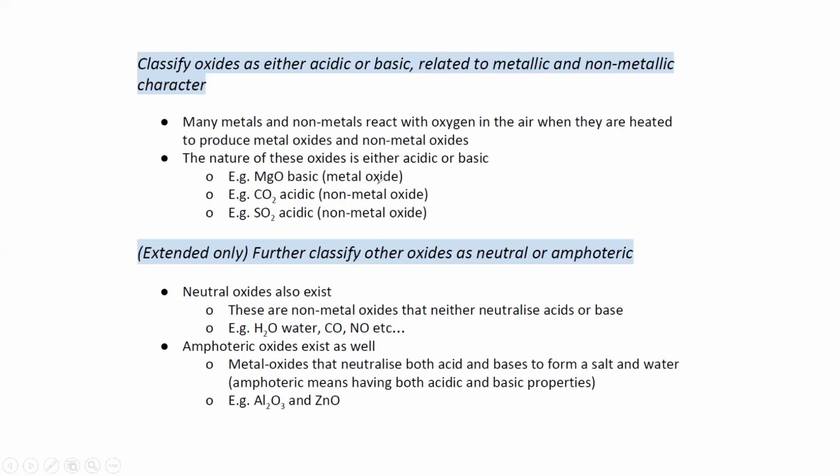So magnesium oxide is a metal oxide or a basic oxide. Carbon dioxide is acidic. Sulfur dioxide is also acidic. But the amphoteric oxide is the oxide which can react with both acid and base. So just learn three examples for your course. Only three examples you have to learn: lead, zinc, and aluminium.